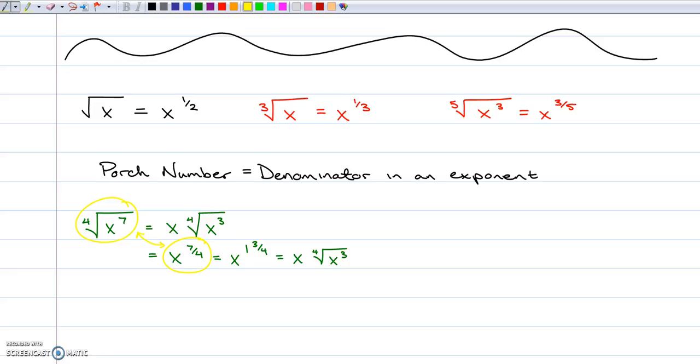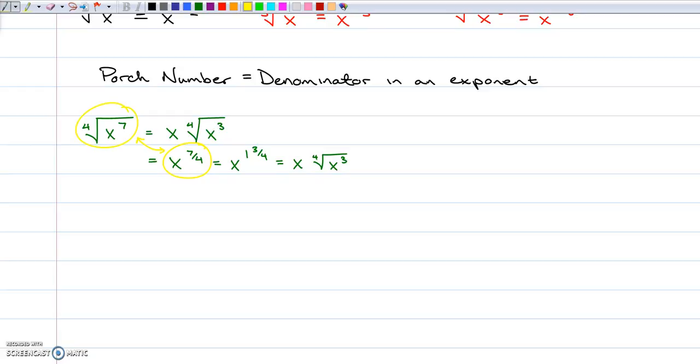So another example of something more along those lines. If I give you something that looks like the cube root of 4x squared times the cube root of 2x to the 19th, we should still be able to put those together.